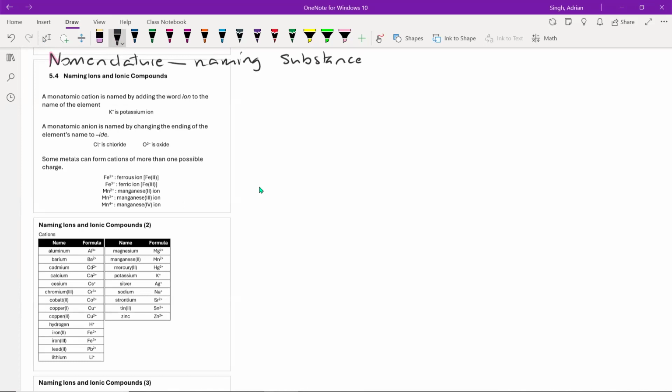Okay, and we're going to take a look, first of all, here at basic ionic nomenclature. So the naming of ionic compounds. And we're looking specifically here at binary ionic compounds. And binary there meaning that they're made up of two different types of ions.